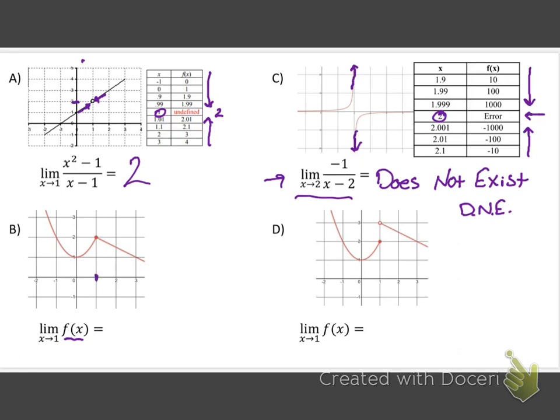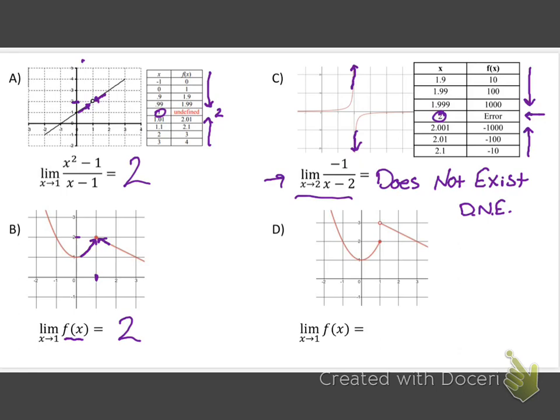So just like we did with the tables in the previous graphs, we can think about what is this function pointing to as we come in from that direction, which appears to be the y value of 2. And as we come in from the other side of this graph or table, or however you want to think about this, again, it's pointing at this y value of 2 from both directions. So we say, what seems to be there when x equals 1? Well, it seems to be 2.